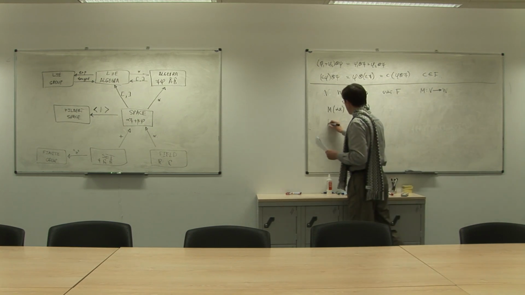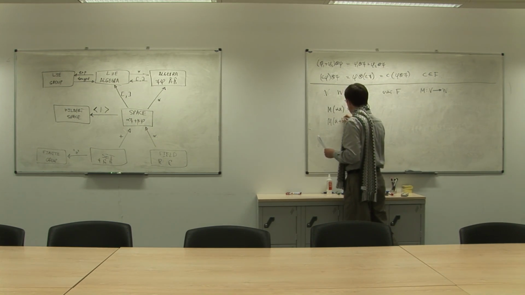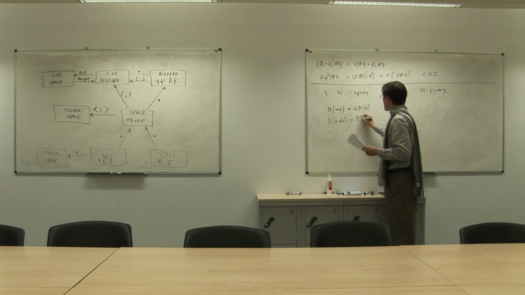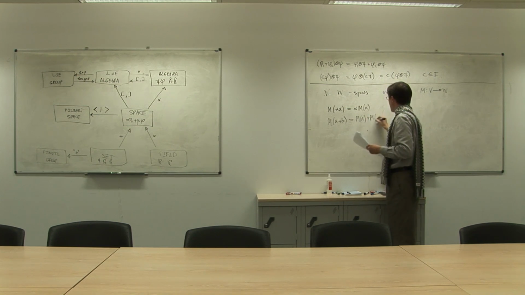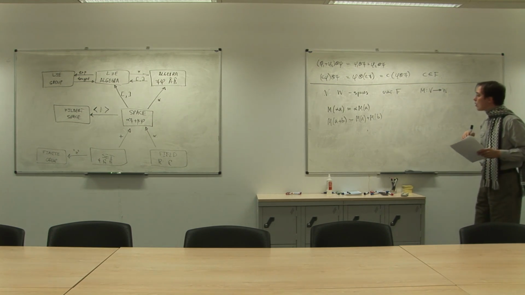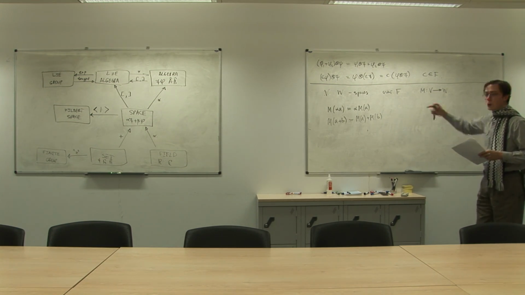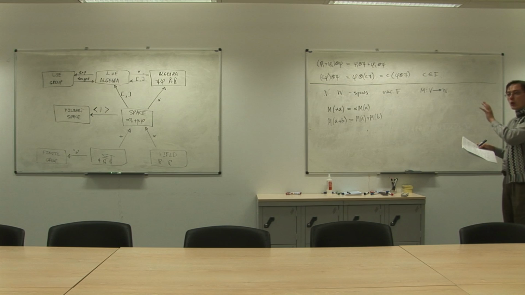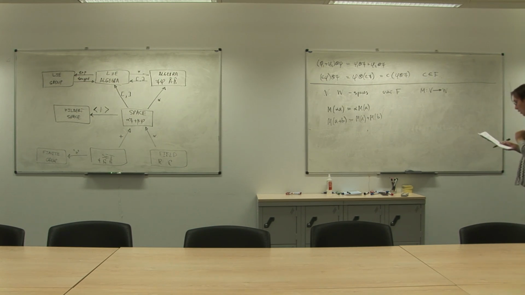What we should also have is that the map of A plus B, where A and B live in the space V, be the same as M A plus M B. So we have imposed the same linearity condition on the map as we have on quite a few objects before. So the spaces we are building are essentially linear spaces. And the operations we are looking at over those spaces will have to be linear operations, well, at least for now. So that is the definition of a linear map.